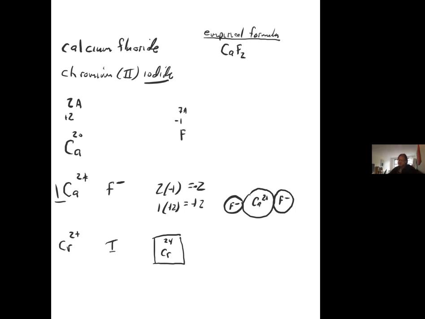Okay. So chromium 2 iodide, how many of the negatives do you need here? It looks like you need 2 of them, right? 2 of these negatives will give you -2, which will balance the charge. So we write it as CrI2. There you go. So main group elements are ones like calcium and lithium and sodium.